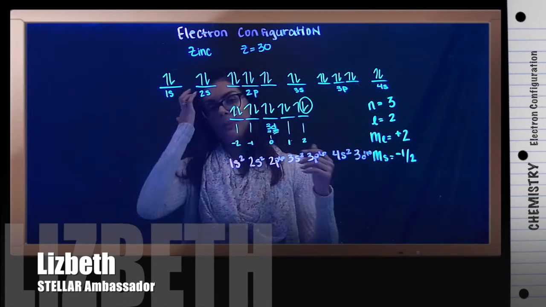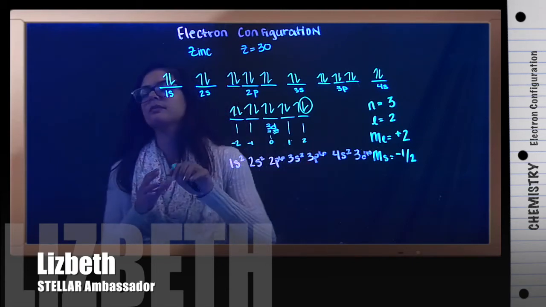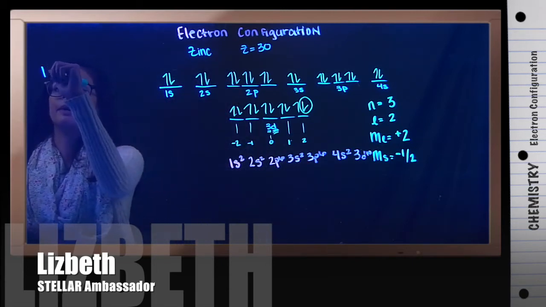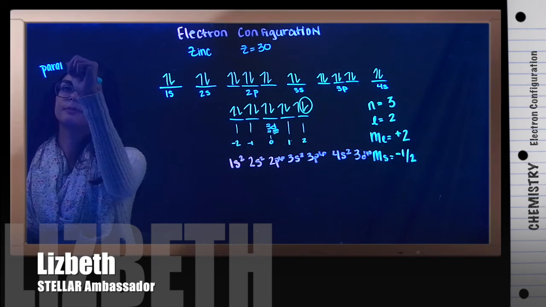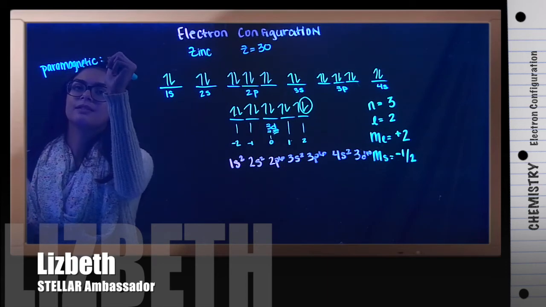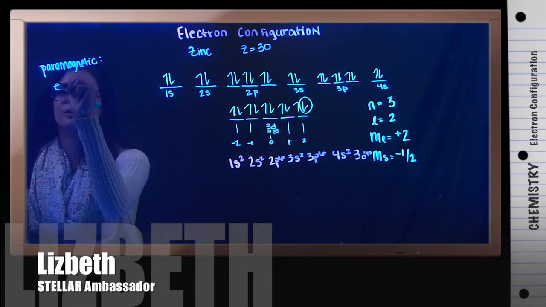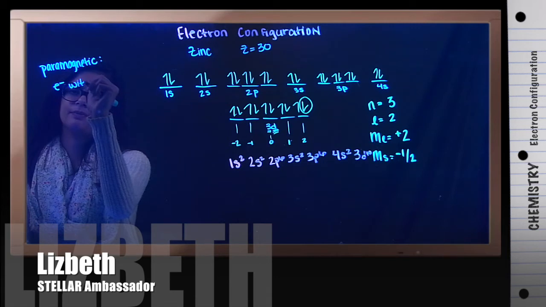Now, let's talk about the difference between paramagnetic and diamagnetic. Paramagnetic simply means that there are electrons that don't have a pair. So, electrons without a pair.